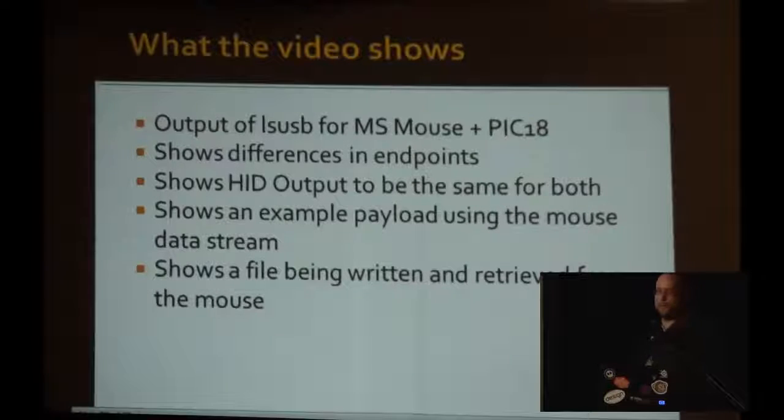After that, I'll be listening on that port, and I'll show a predefined message, not encrypted, coming straight out of the USB data stream that is actually readable. And last, we'll show the file being written to the mouse directly and then acquired from the mouse. So hopefully this works.